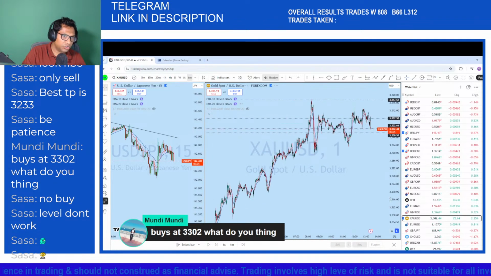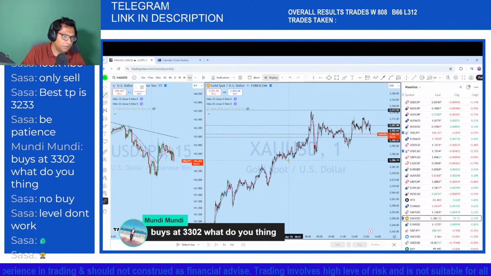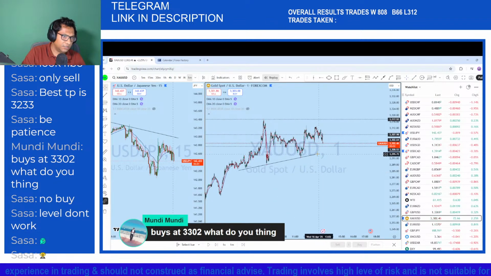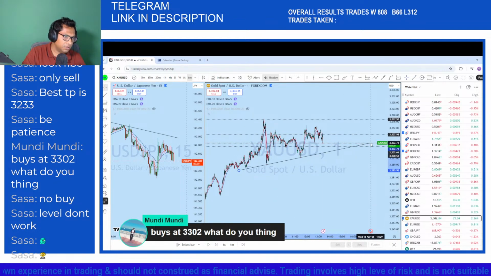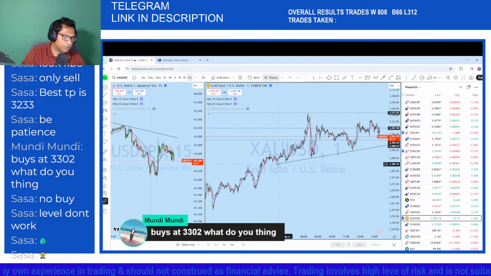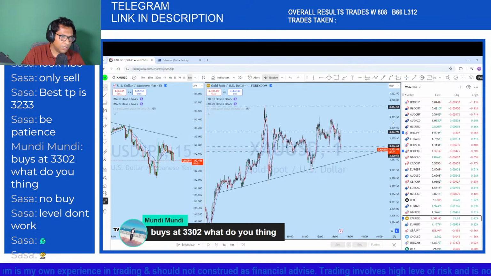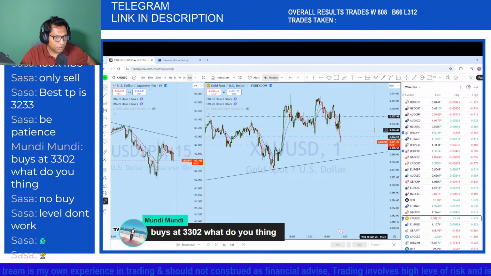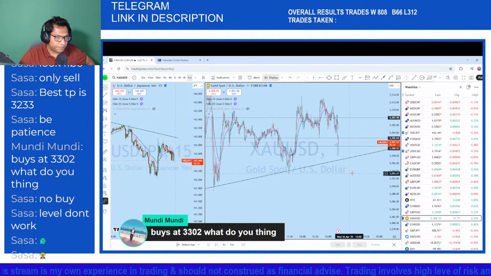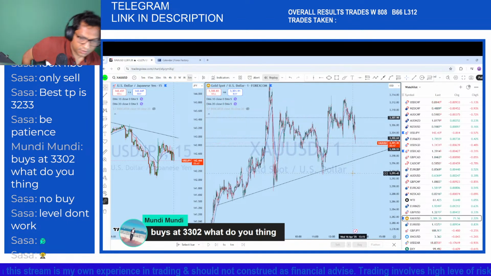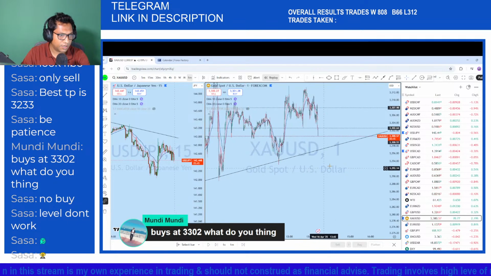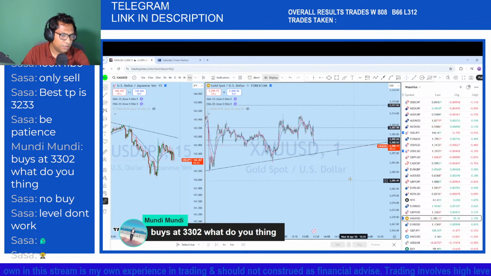So this is the previous trend line here, which is the previous support, and in that previous trend line to that previous support, you can see this is where the market is approaching that trend line.